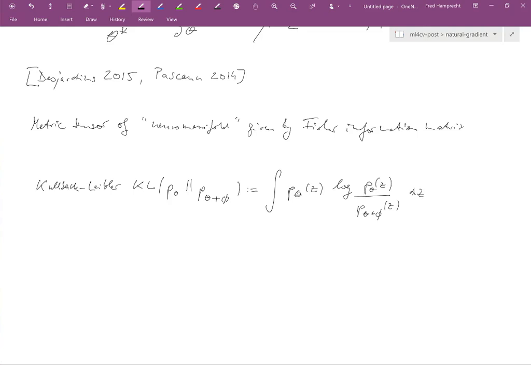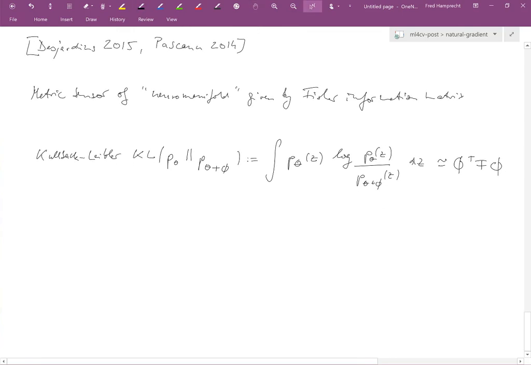And I now want to show in a few lines that this can be approximated by a bilinear form where F is the Fisher information matrix. The idea is that this dissimilarity measure between distributions will no longer depend on the specific parameterization used.